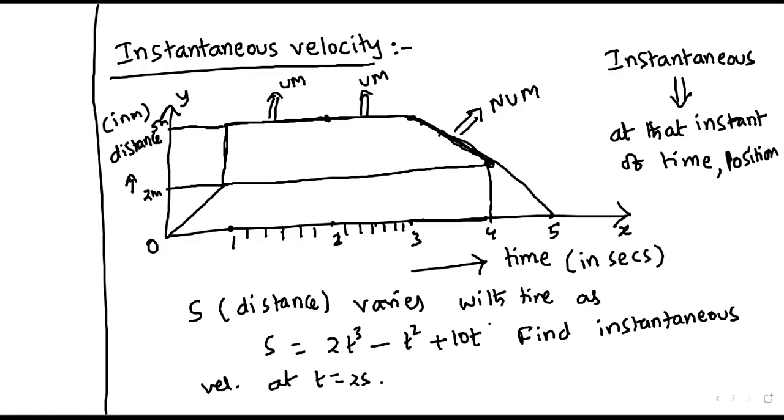What we need to do is, instantaneous velocity means v equal to ds by dt.